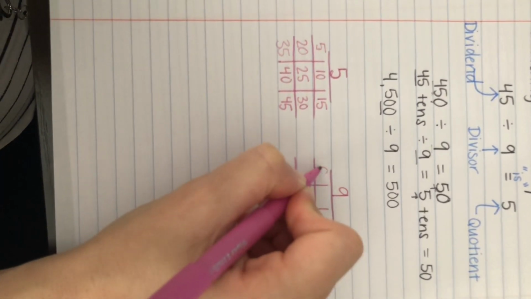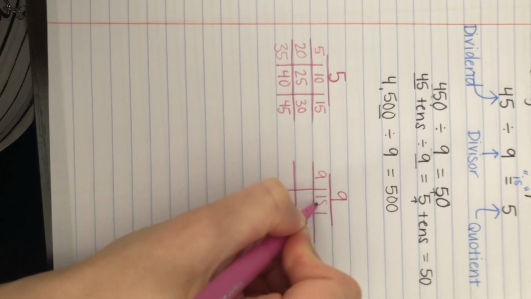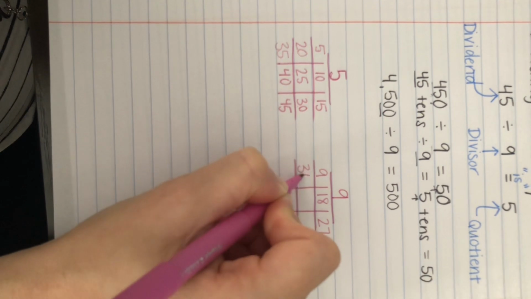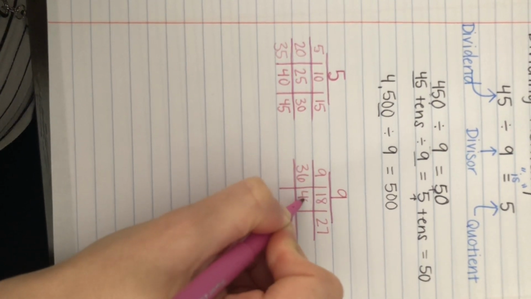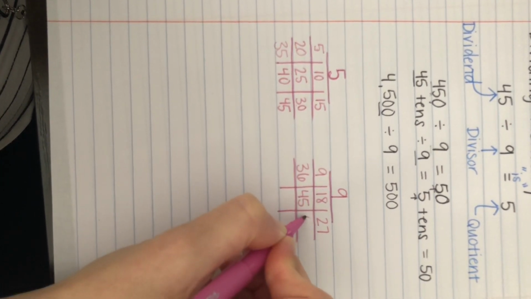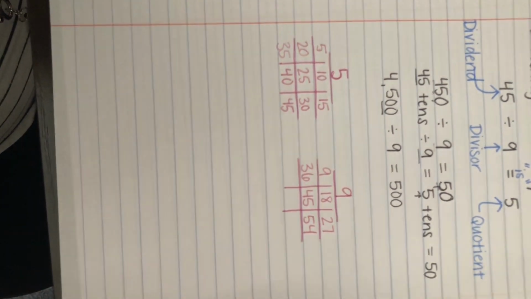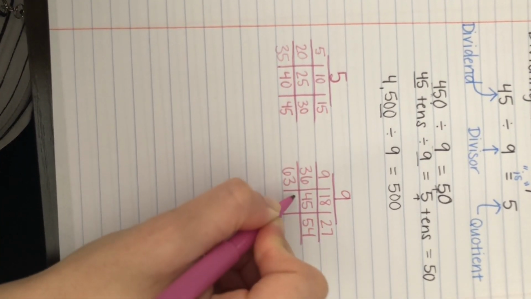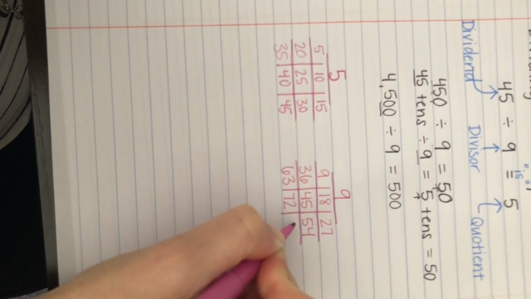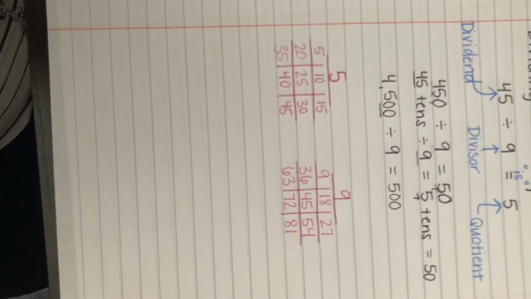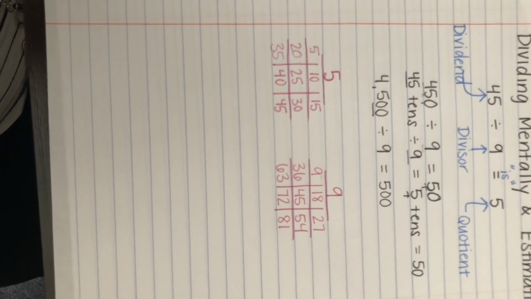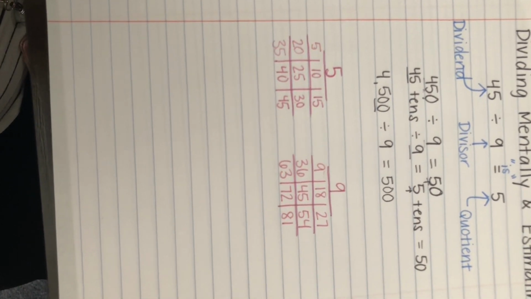So you can start with 9 and then go to 18, 27, 36, 45, 54, 63, 72, and 81. There we go. We have our first 9 multiples of 9 all written out for us.